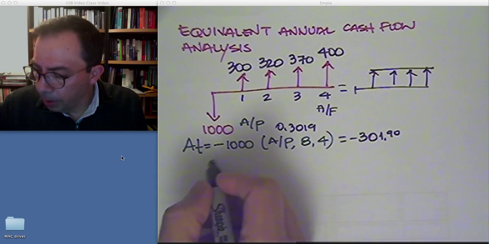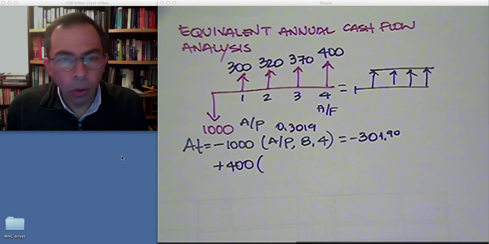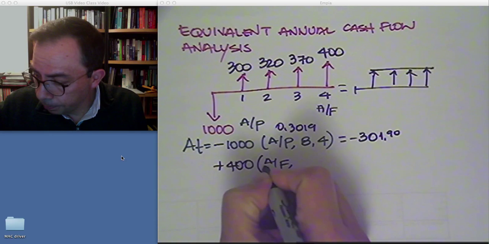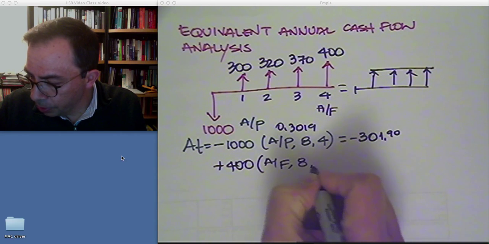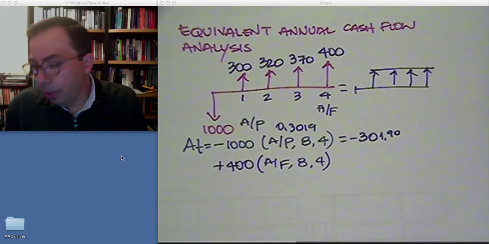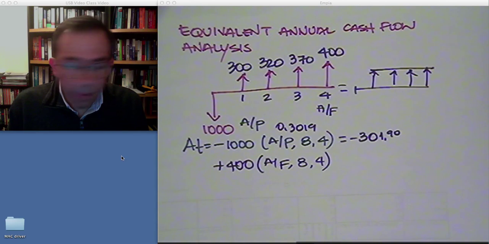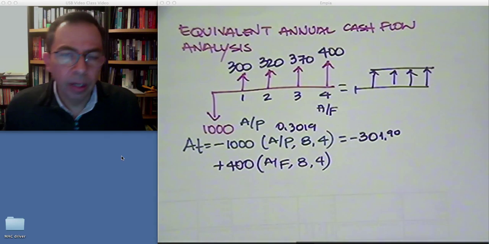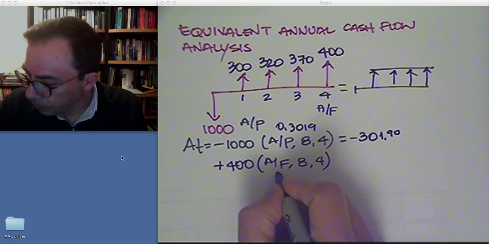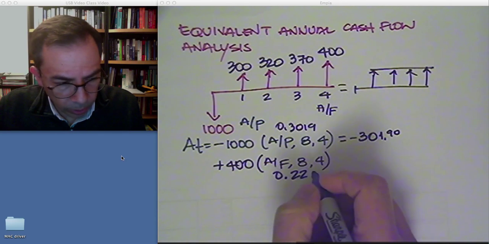In this case, it is a positive flow, so I'm going to convert that one by A given F, the same 8%, and 4 is going to be the value of the number of payments that I want. If I review my tables there, you'll see that that value is equal to 0.2219.